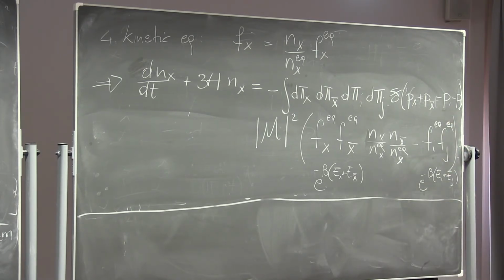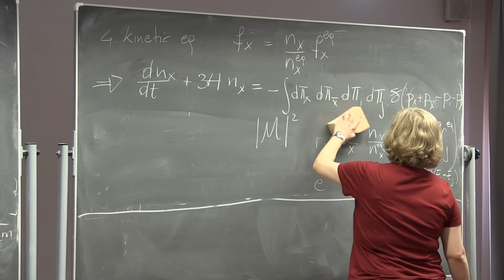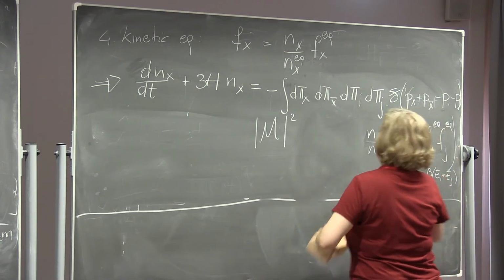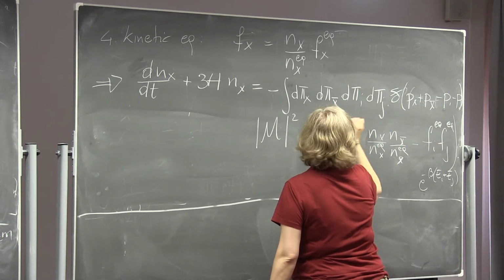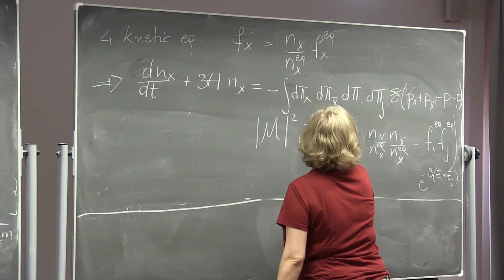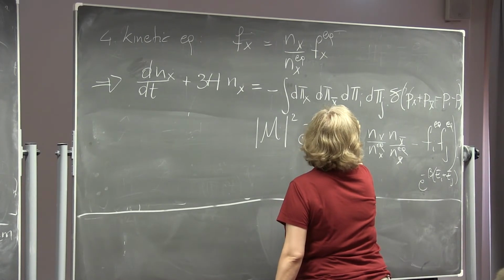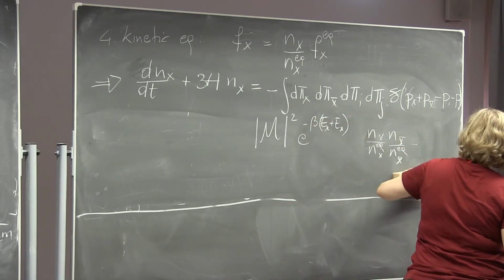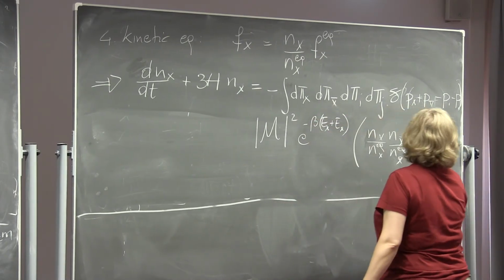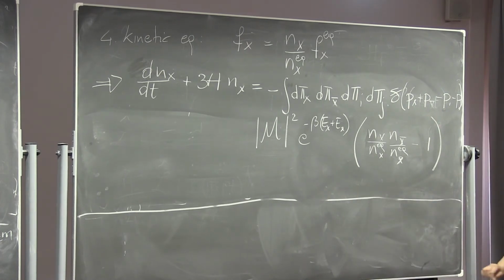This means I can take out this factor. I can take out generically a factor of e to the minus beta E, I can take also E_x plus E_x bar. And I arrive at this one.